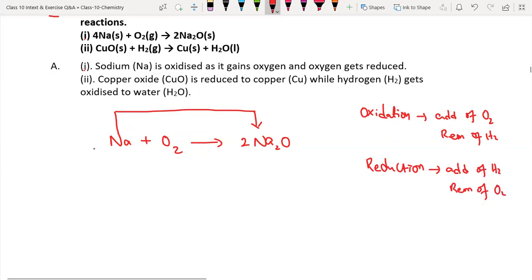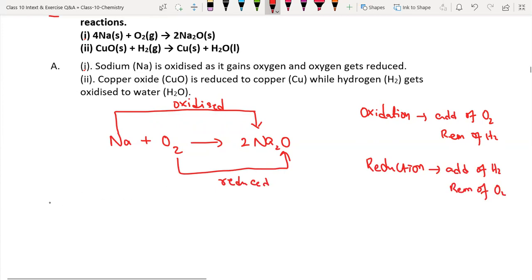Now if you observe, for sodium, what is happening? Addition of oxygen is happening. So you can call this oxidation. So sodium is getting oxidized. Now here you can observe O2, and in the product there is only one O. Simply to say, oxygen is getting reduced. Simple. So sodium is oxidized, oxygen is reduced.